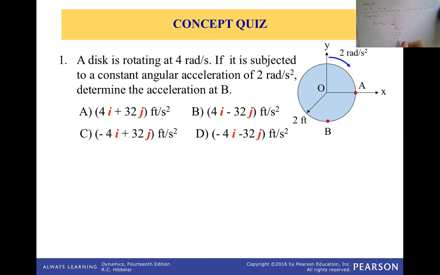So then looking at that, you can eliminate b and d. Then we'll be looking at the i direction. In this case, if you use your right hand rule, alpha here is 2, r is 2, so the magnitude will be 4. But the question now is whether it would be positive or negative. So you're going to use your right hand rule.